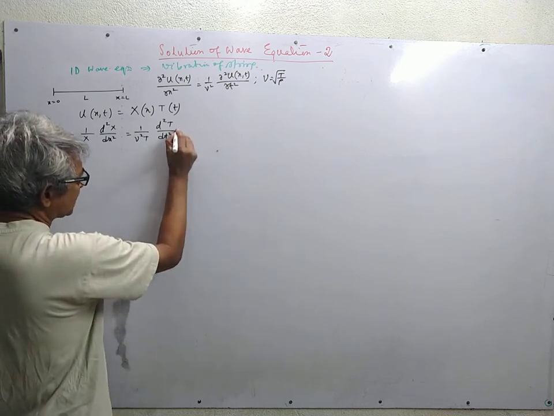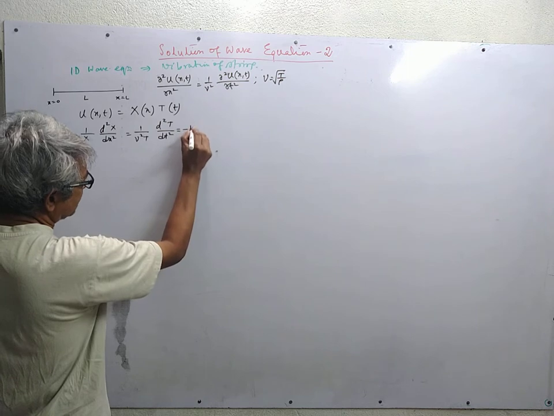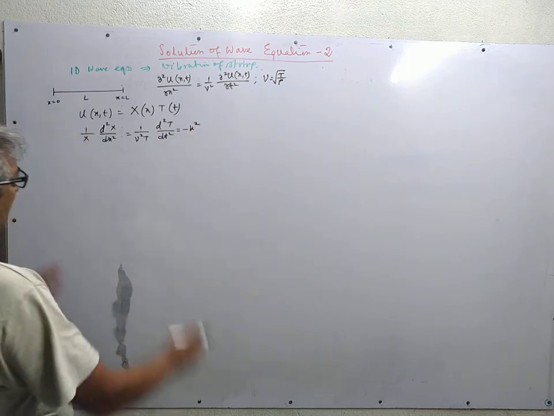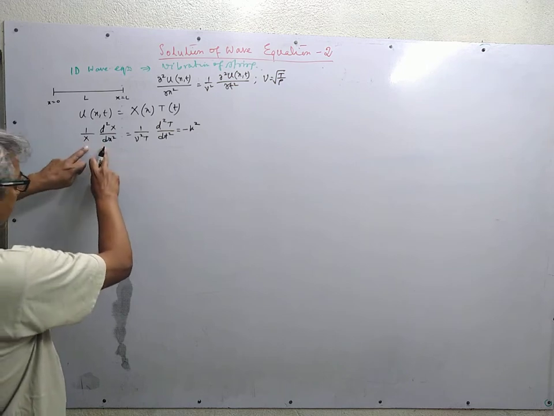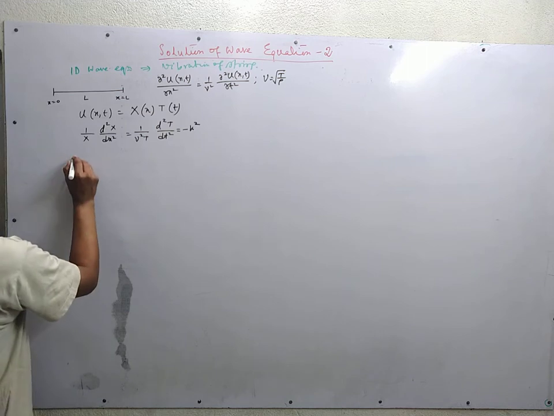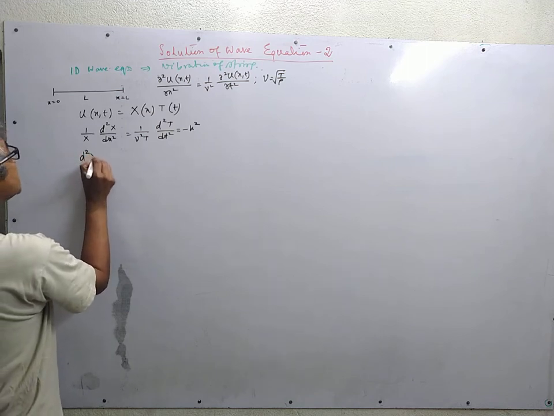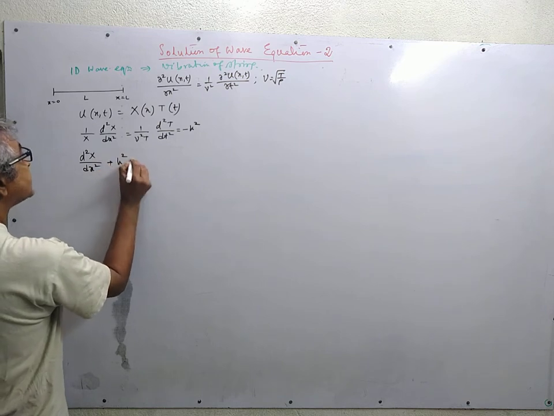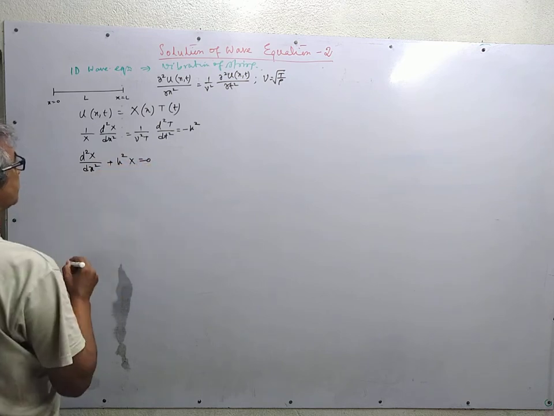So both sides are equal to some separation constant. We choose the separation constant as minus k square, which ensures the periodicity of the space and time parts, where k is called the wave vector. So the spatial part becomes d2X by dx2 plus k square X is equal to 0.